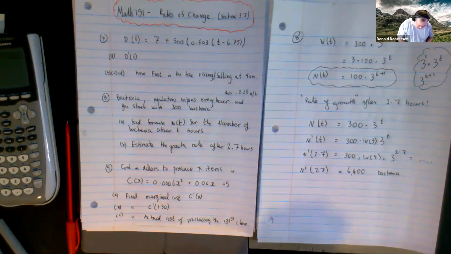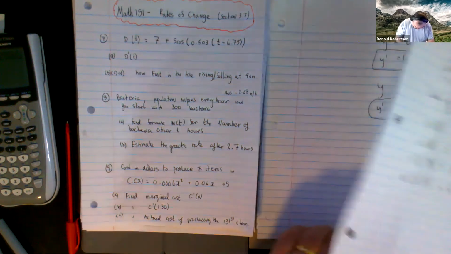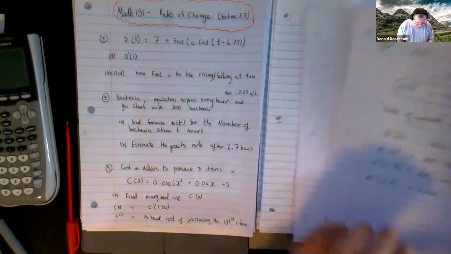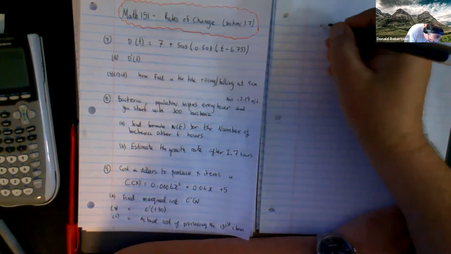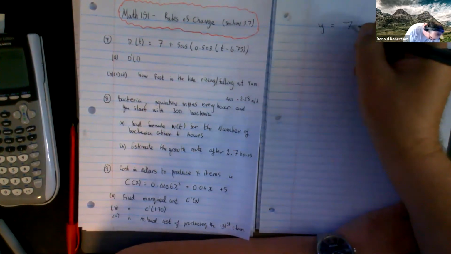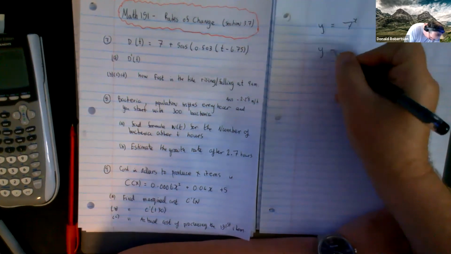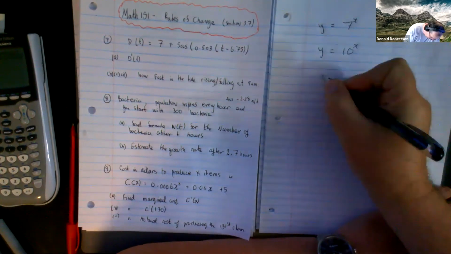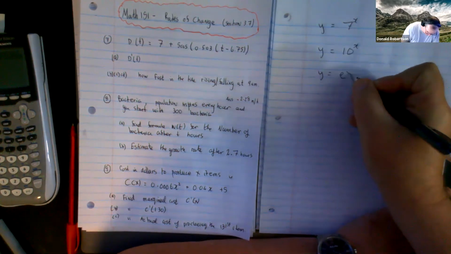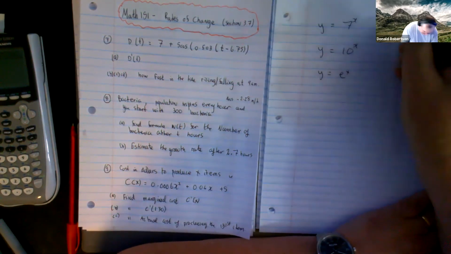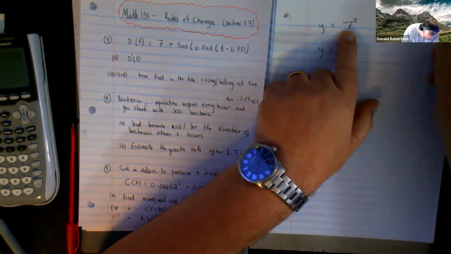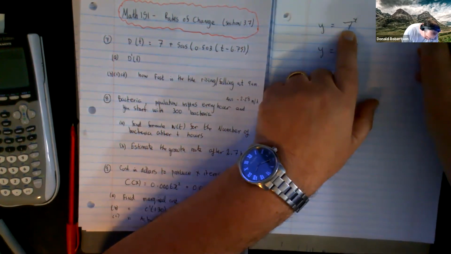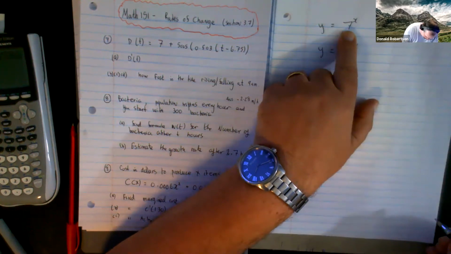Right, I want to do a kind of side issue. I'm not sure that we're comfortable yet with logs and powers. So let's do a side issue. 7 to the x, 10 to the x, e to the x. If you want to differentiate 7 to the x, the answer is 7 to the x with a log 7 at the front.